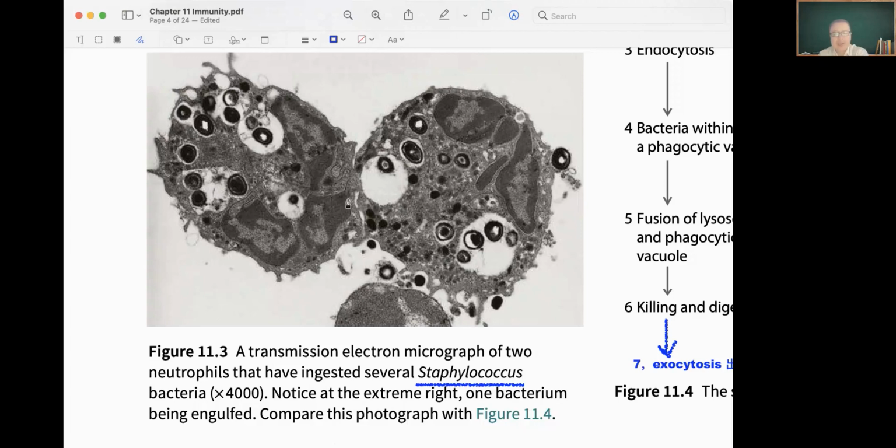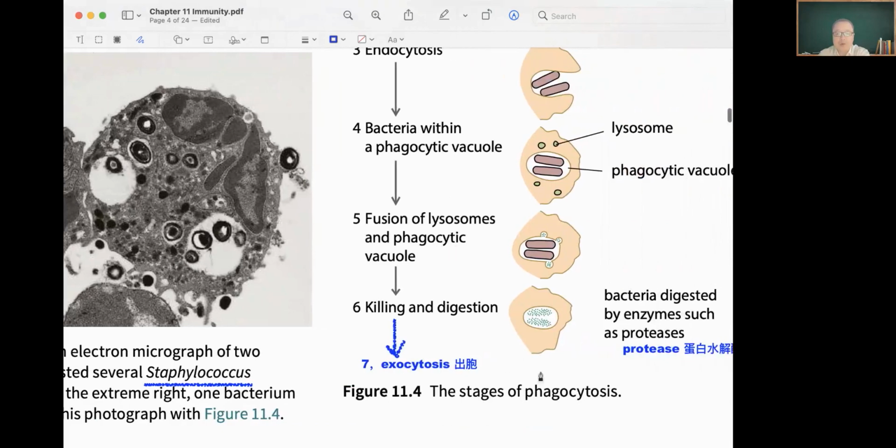So you can say that from time to time, every minute, every second in our human body, the neutrophils and macrophages are protecting you from the invasion of bacteria such as staphylococcus by this kind of ingestion, called phagocytosis.